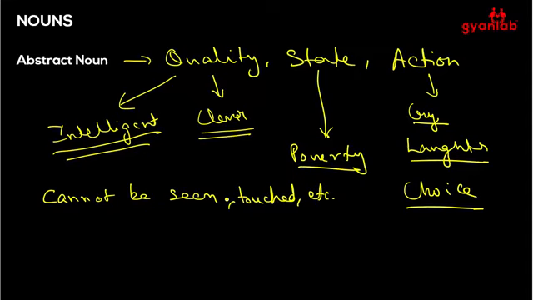For example, you can say that stone is hard, or that steel is hard, or that wood is hard, and so we can speak of hardness as a separate identity apart from stone or steel or wood or any kind of object having the same quality. So hardness is an abstract noun, right?